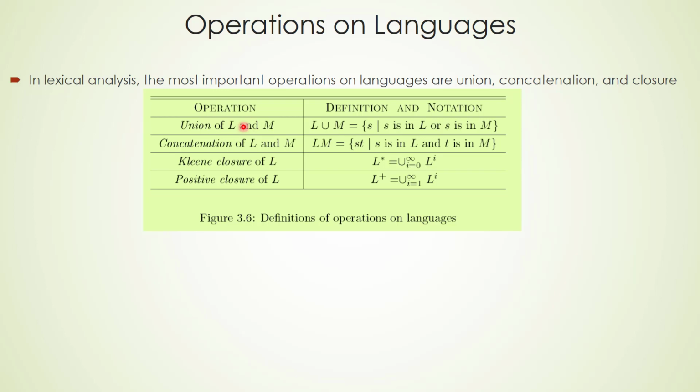First one is union of L and M. If a string S is a member of L or M, we can say S is an element of the language L union M. Next is concatenation of L and M. LM equals st such that s is in L and t is in M. So some set of strings are there in L and some set of strings are there in M. Concatenation means the first string is from set L and the second string is from M. Kleene closure means 0 or more occurrences of a string. Positive closure means 1 or more occurrences of a string.